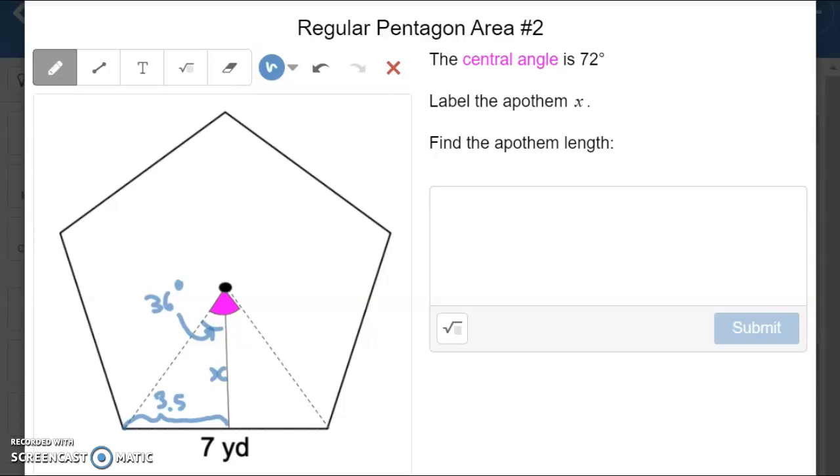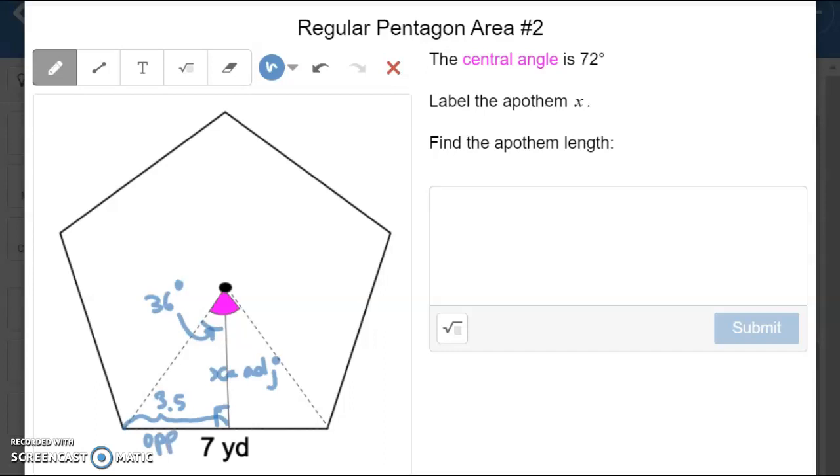Looking at the left triangle, this is a right angle. This is the angle, and right next to it is x, so that's the adjacent side, and this is the opposite side from this angle.